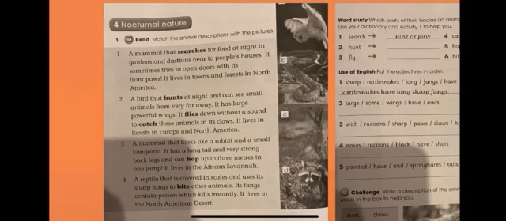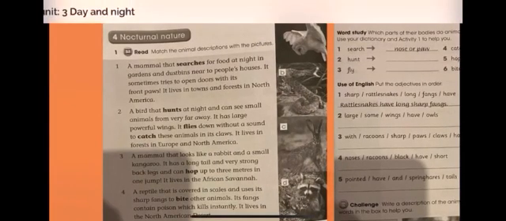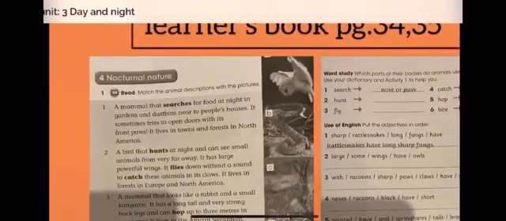You can write A, B, C, D in front of them, or you can write the names of the animals as well. I think you do both. Write the number of the picture and the name of the animal as well, like an owl.